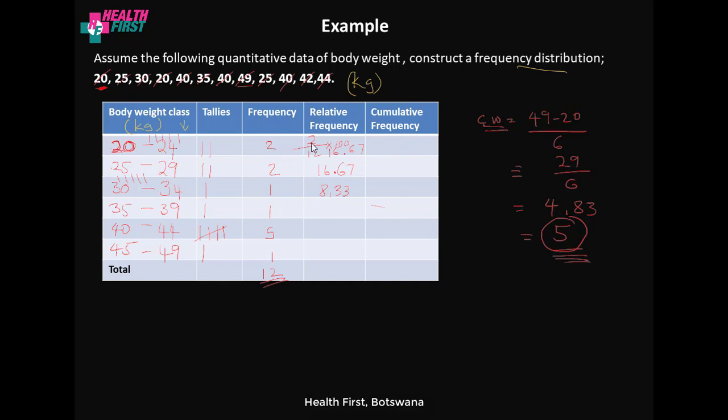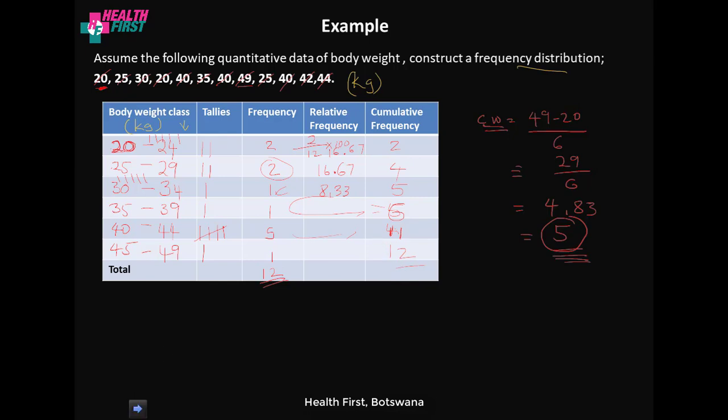If you add successive frequencies, then you'd have 2. You add the frequency for the second class, you get 4. Frequency for the third group, you get 5. Then 11, then 12. So this is the cumulative frequency.